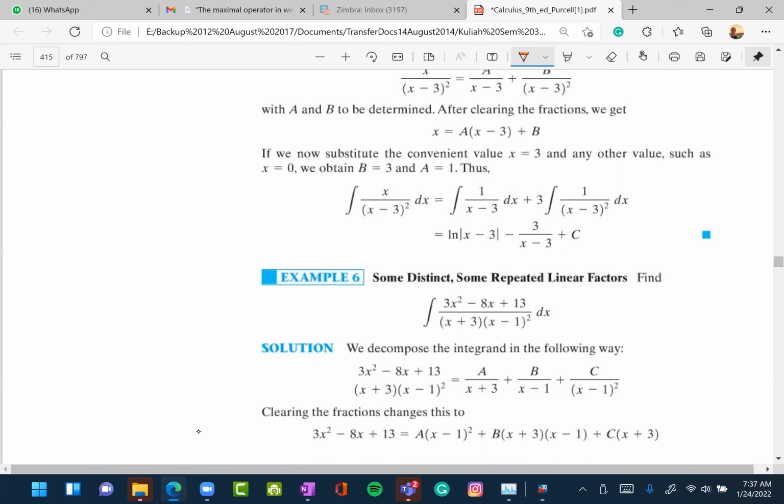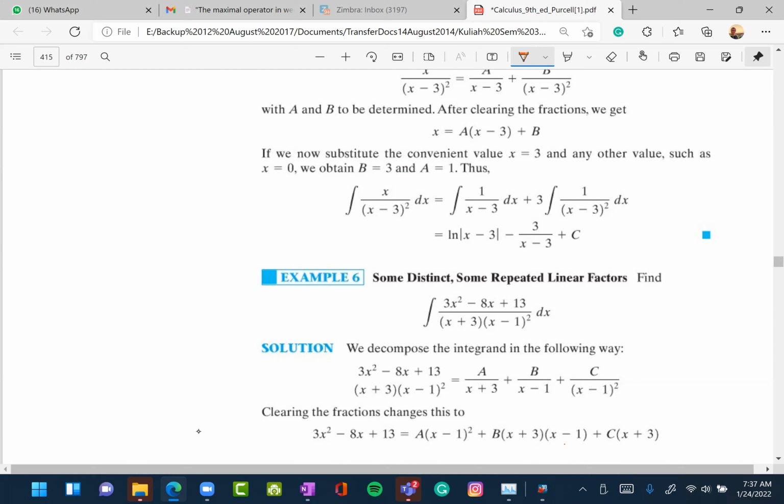And so now you equalize this one. If you multiply this out, you get a times x minus 1 squared, and b times x plus 3 and x minus 1, and c times x plus 3.